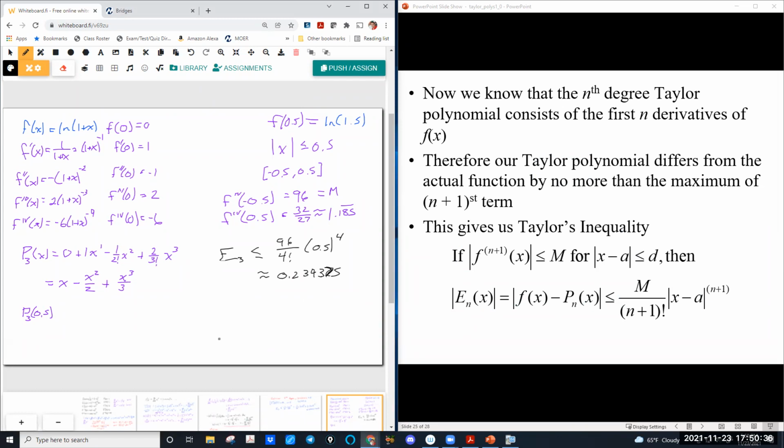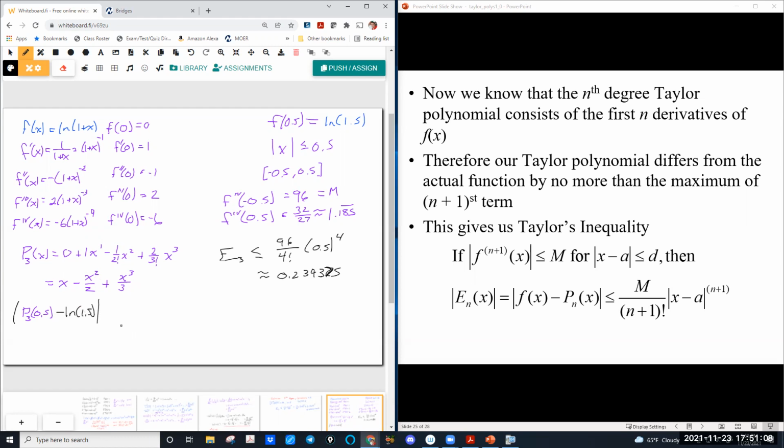So now what we want to do is make sure our error estimate works, because we can find the exact value. We're going to take the value from our third degree Taylor polynomial, and subtract off the actual value, ln of 1.5. Because we're looking at errors, we just take the absolute value of this. The way this is computed, you're just putting 0.5 into x here. You can use a calculator or Wolfram to calculate that.